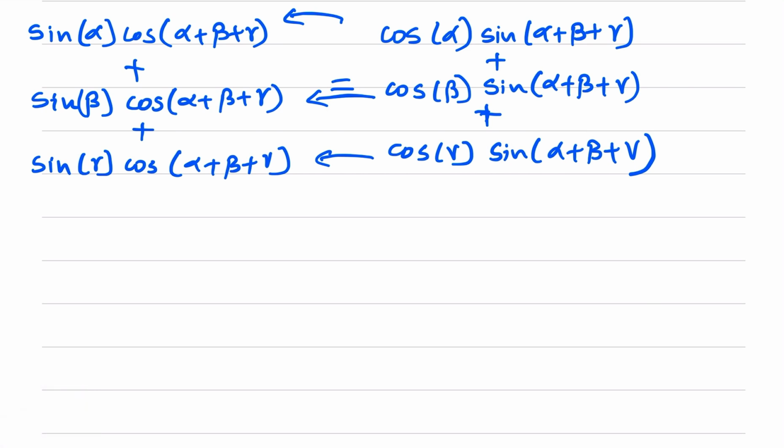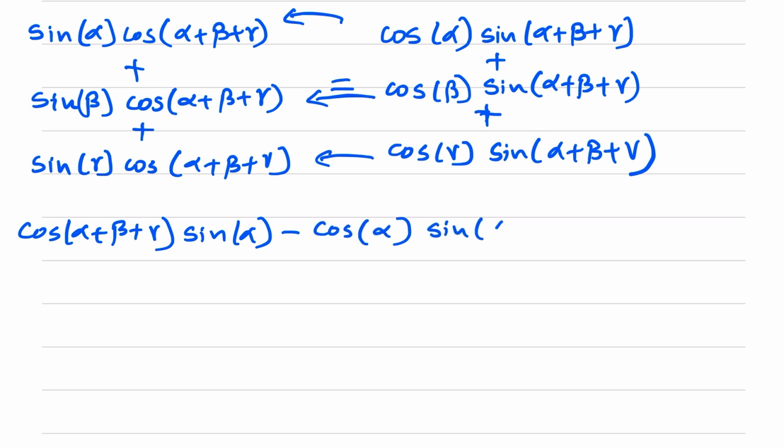So I will get cos of alpha plus beta plus gamma into sine alpha minus cos alpha into sine of alpha plus beta plus gamma.